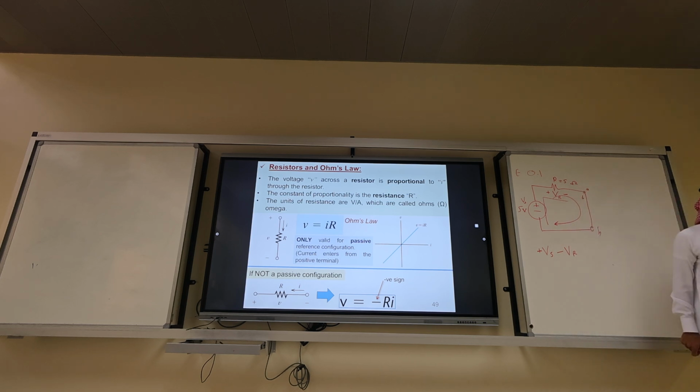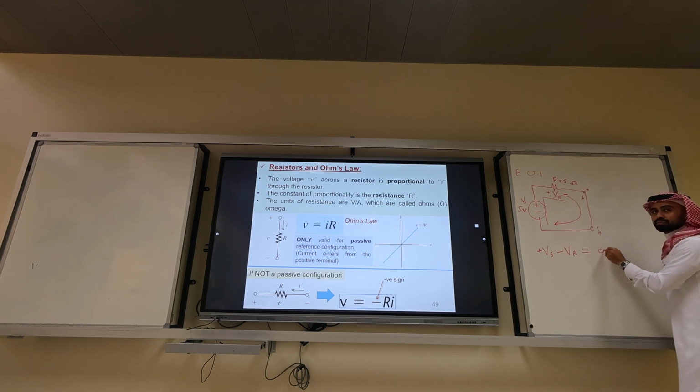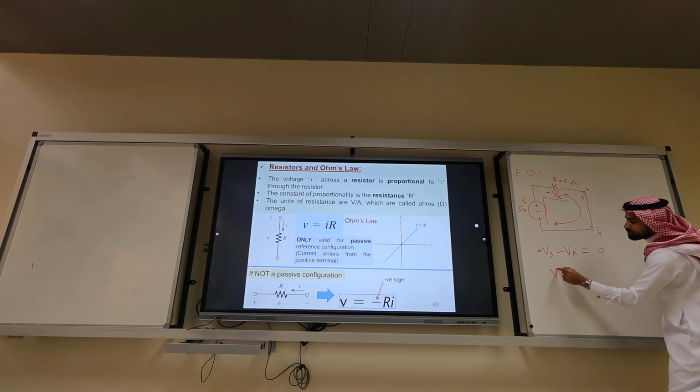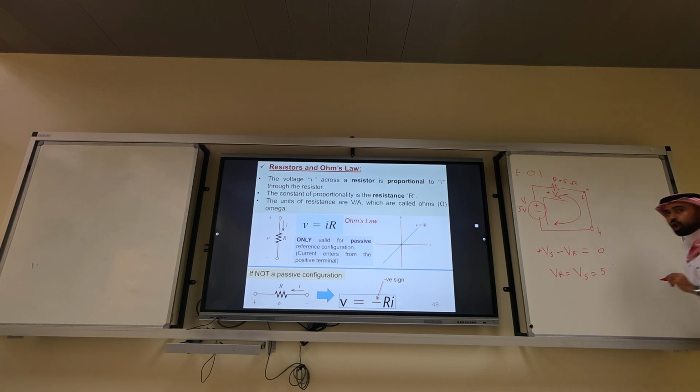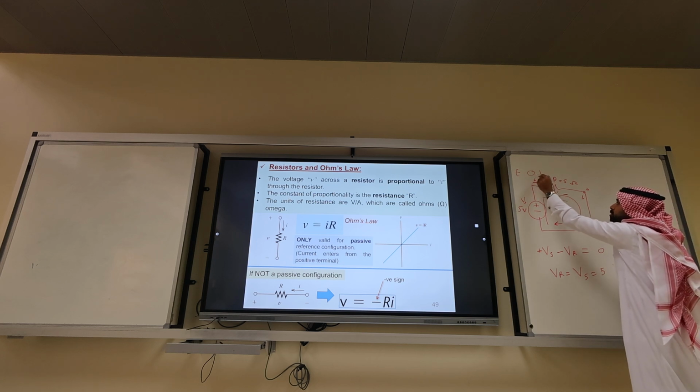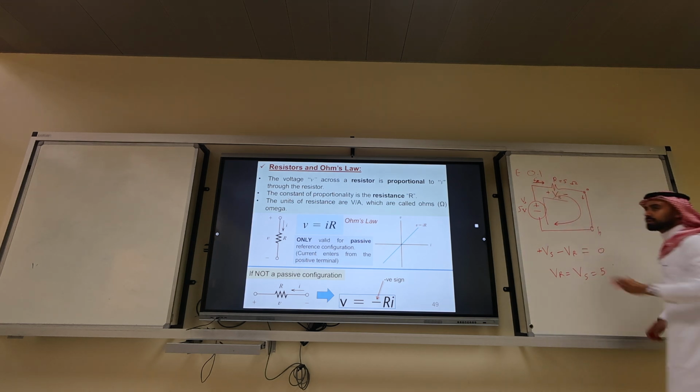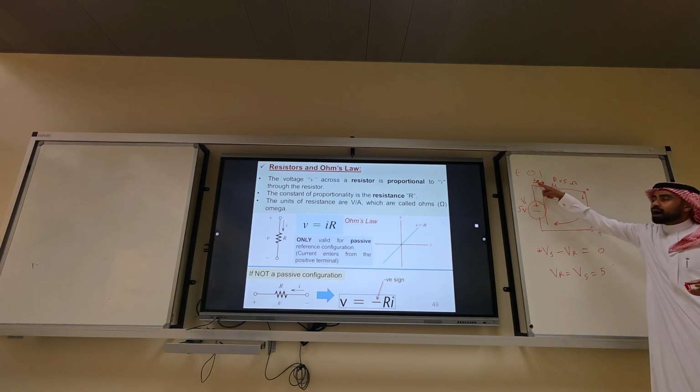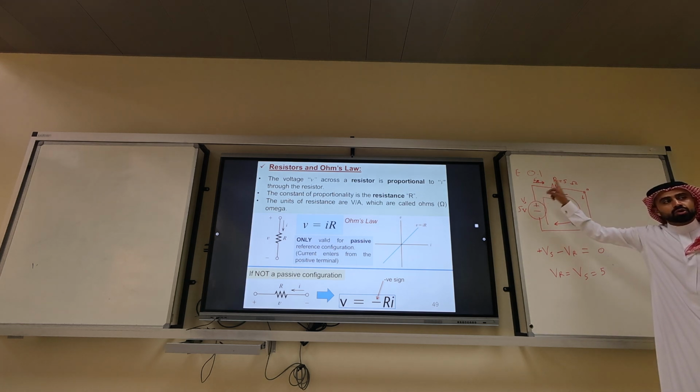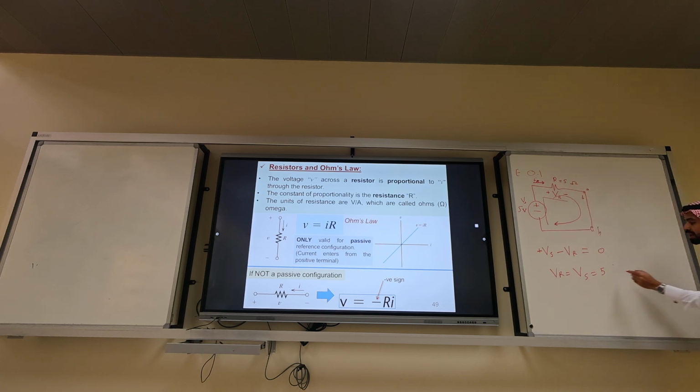Minus 0, let's drop it, equal to 0. So what is VR? Vs equal to 5. Ohm's law tells you I can calculate the current, which let's call I sub R, meaning the current that goes through the resistor, by the relationship V equals I R times R. You already did this in Physics 101.